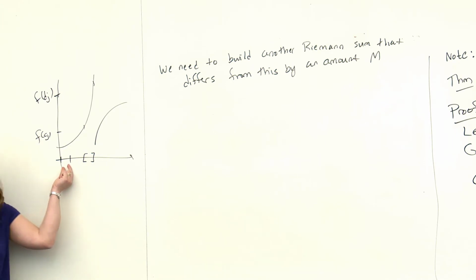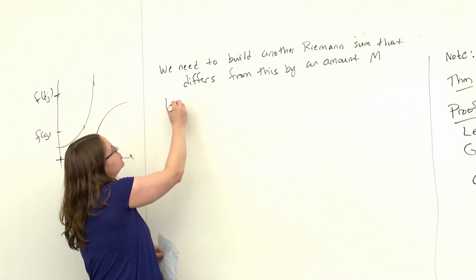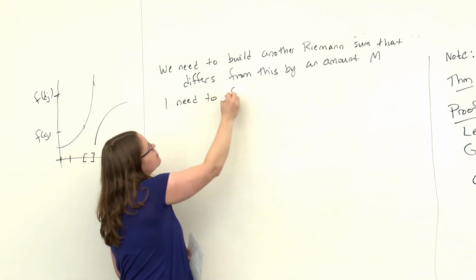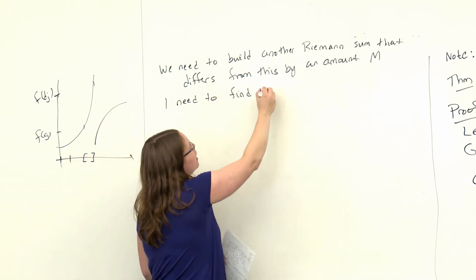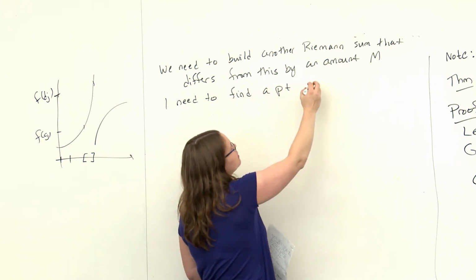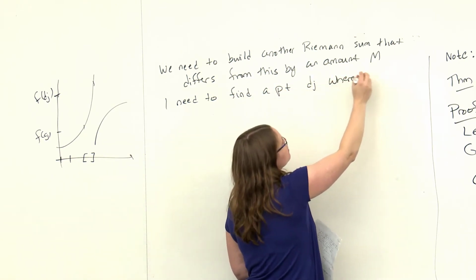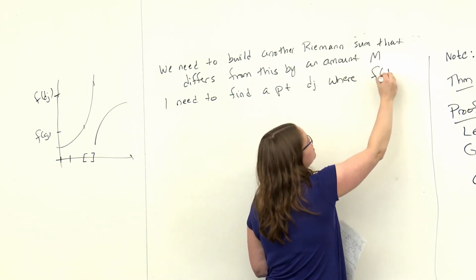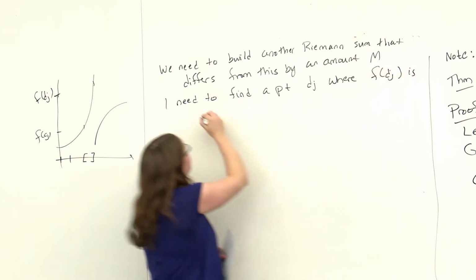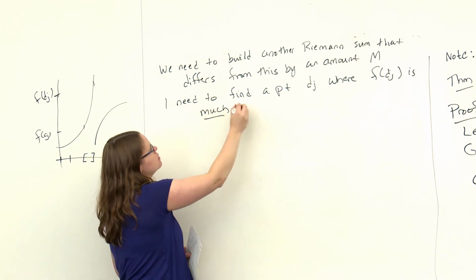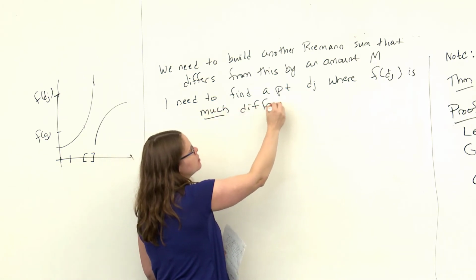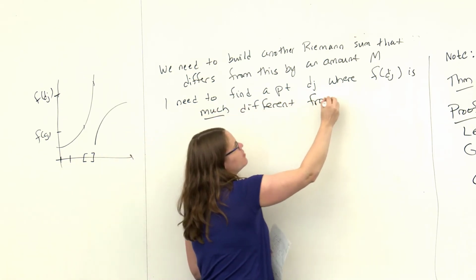Again, in other subintervals, I'm not going to be able to make those values far apart. So I need to find a point Dj where f of Dj is much different from f of Cj.